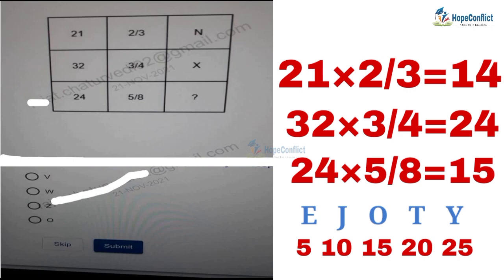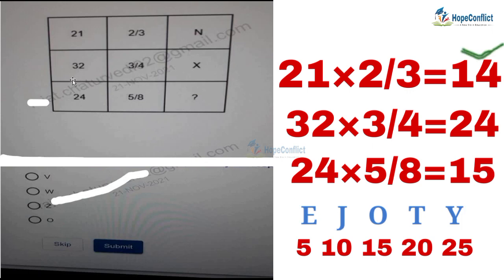So considering row 1, if we multiply the numbers given in column 1 and column 2, which are 21 and 2 by 3, we will get 14, and for 14 the corresponding alphabet code is N. We can remember this by using EJOTY. For E it is 5, J 10. Similarly, for N it will be 14.